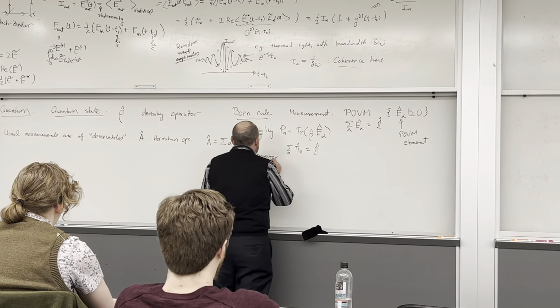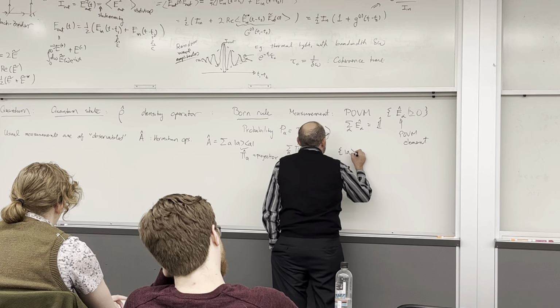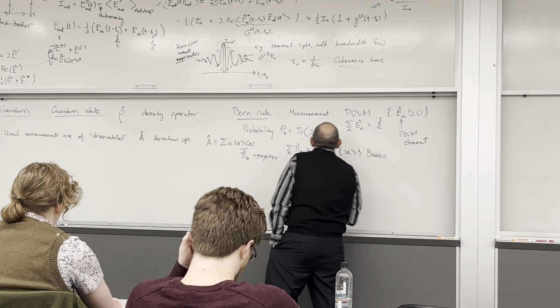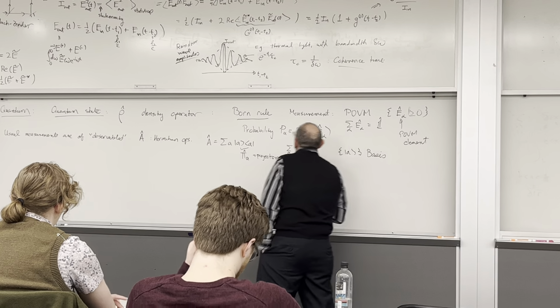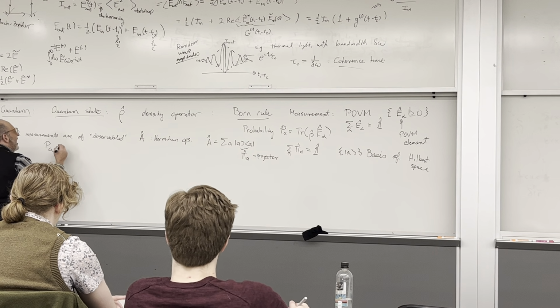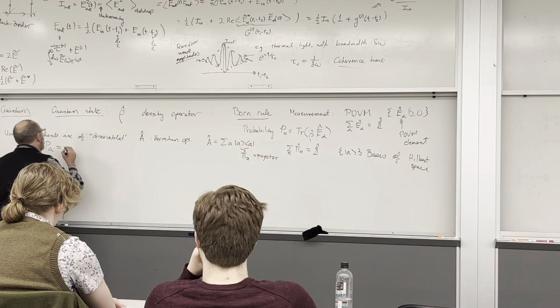Okay, so the set of projectors A is a basis for the Hilbert space, and the probability of seeing eigenvalue A, which is really one of the basis elements, is the trace of rho with the projector, which is the POVM element, which is the diagonal element of the density operator, or the density matrix, that gives us the probability.